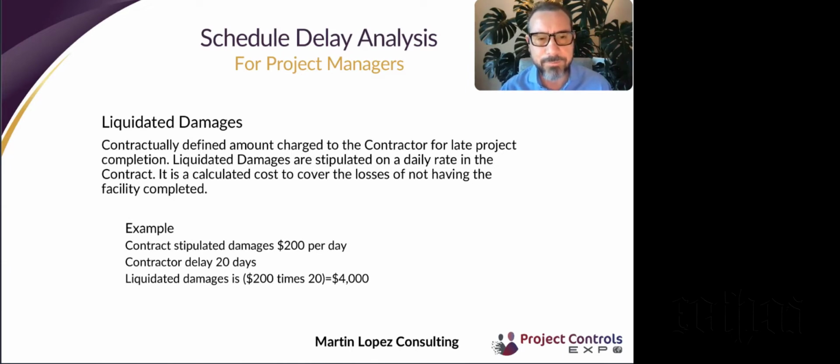For example, a contract may stipulate damages of $200 per day. If there is a 20-day delay attributed to the contractor, then the liquidated damages in this example will be $4,000.